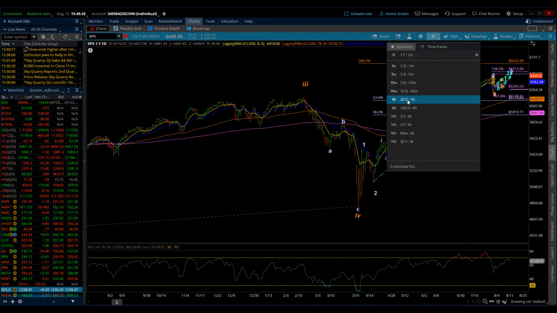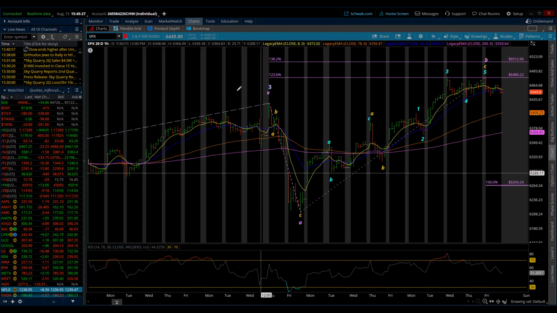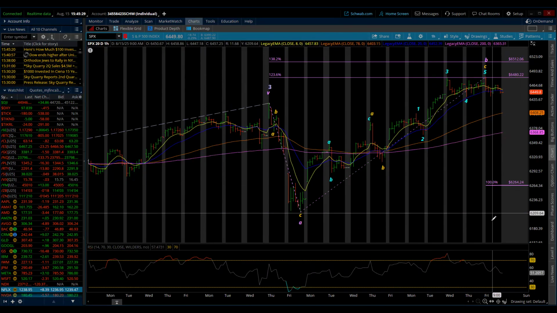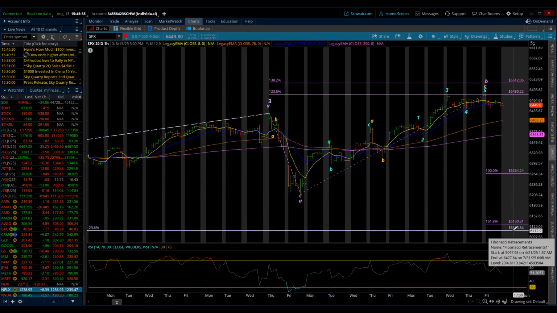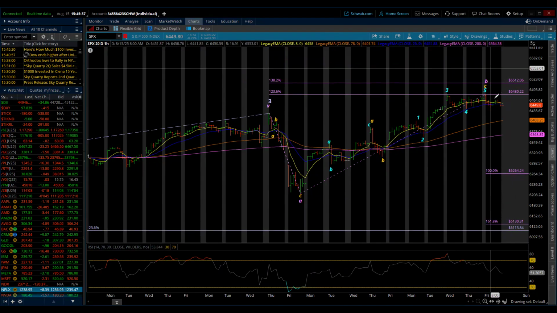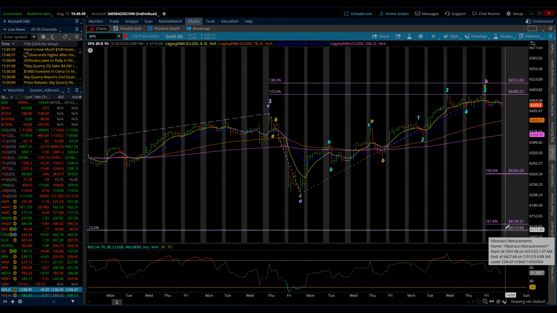I can do it right on the hourly chart. Sorry about that. We come down, we do an A, the B, we come down in the C wave. I believe this is my target area for the whole C wave.